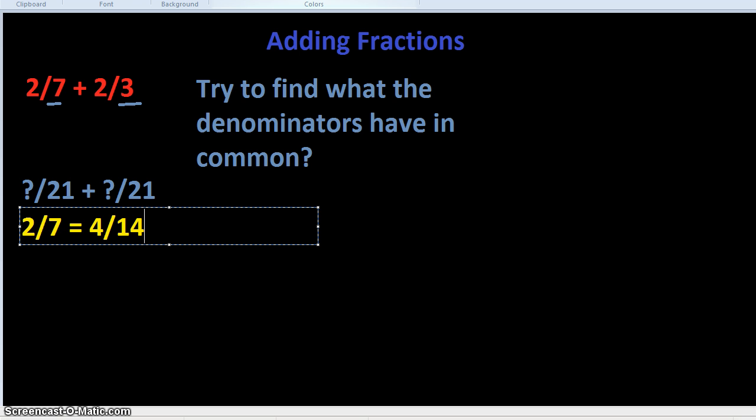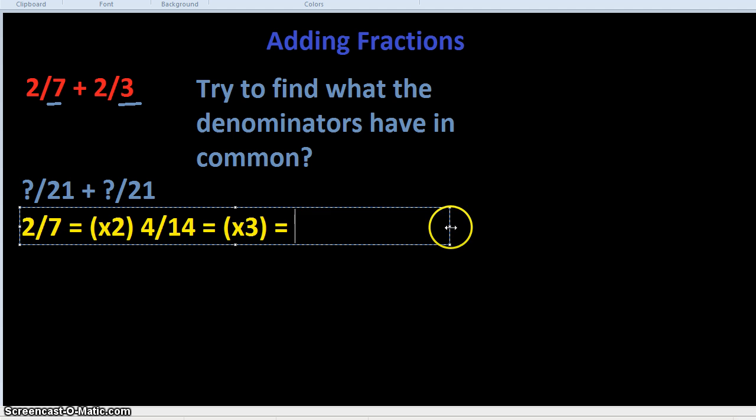So 2 over 7 equals 4 over 14. Now the one further step is, instead of multiplying by 2, this time I'm going to multiply the original fraction by 3, top and bottom. And that equals 6 over 21.